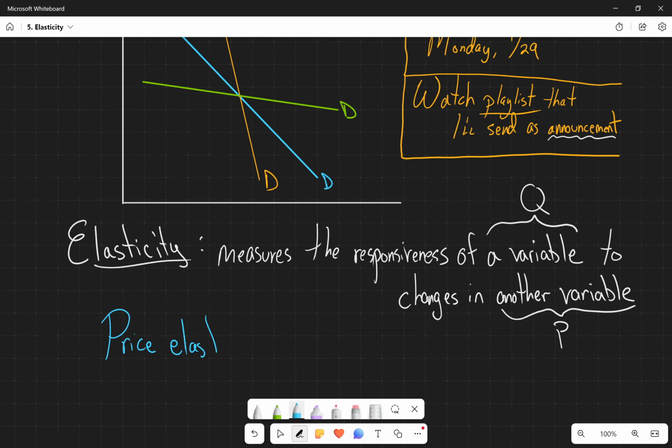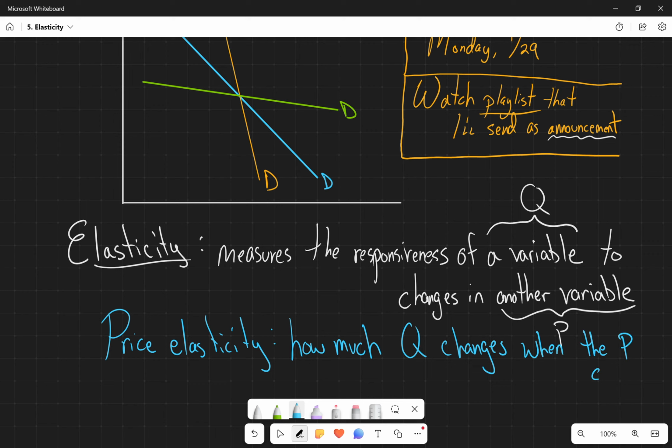So this is measuring how much the quantity changes when the price changes.